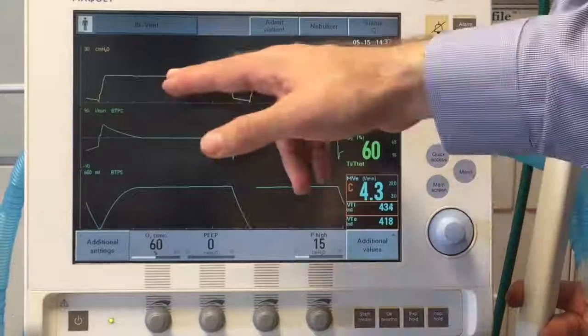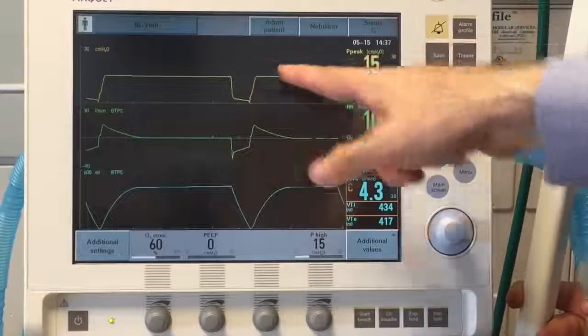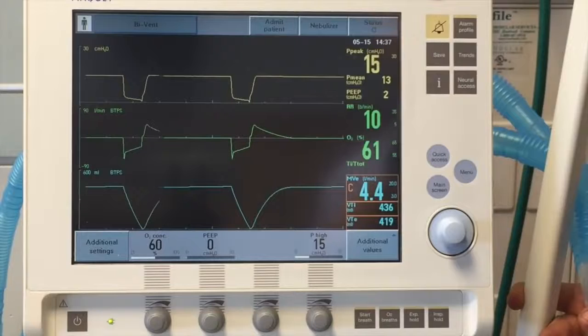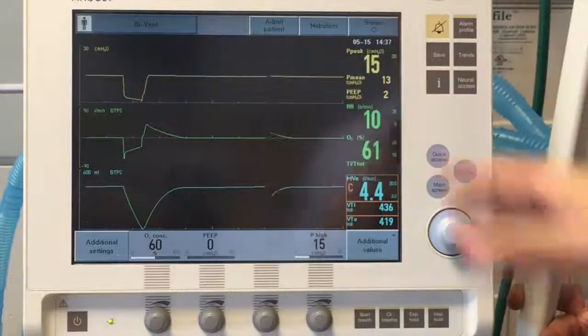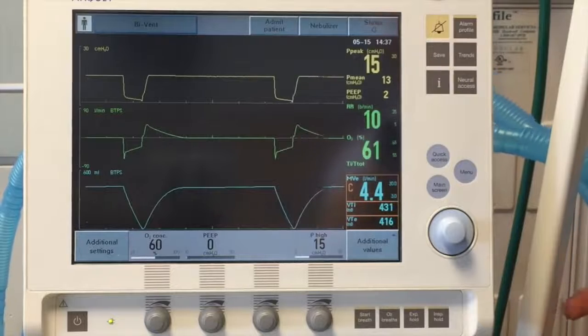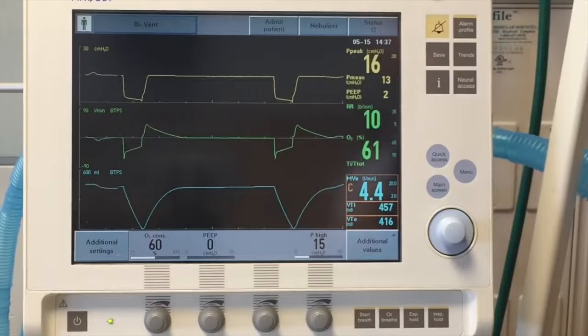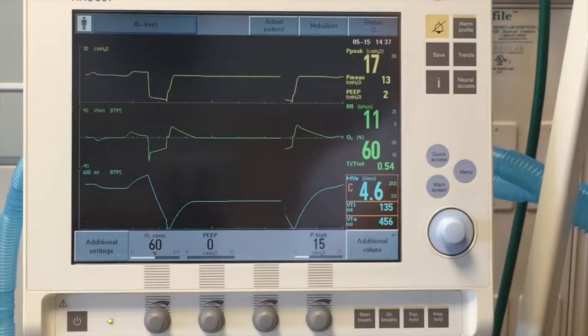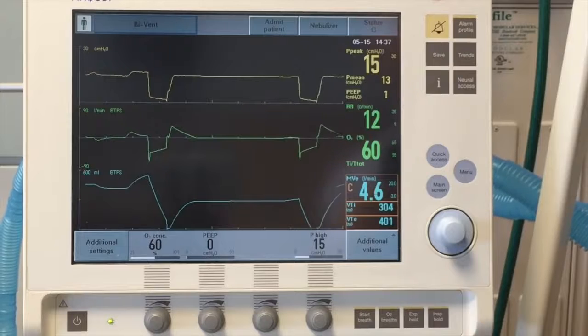As you can see here on the pressure scalar, it is high levels of continuous positive airway pressure with release breaths. And the concept is that the patient is exchanging carbon dioxide and oxygen throughout the cycle. That's the theory behind APRV or bivent, that you are constantly doing what you can to open up small alveoli and small airways without injuring the overall lung parenchyma.